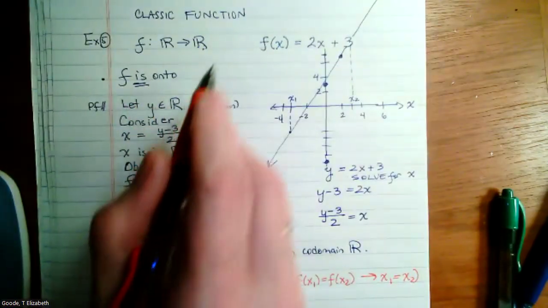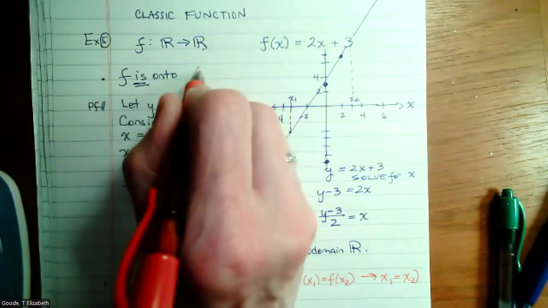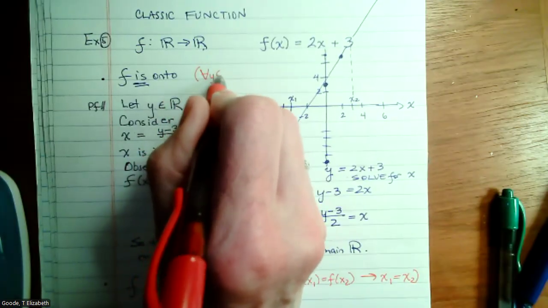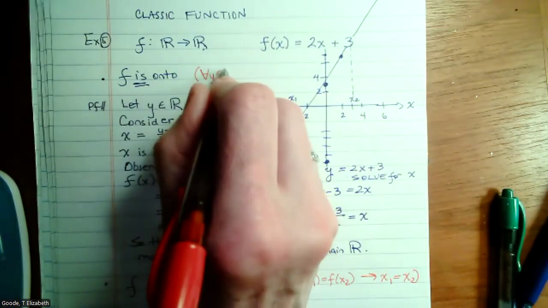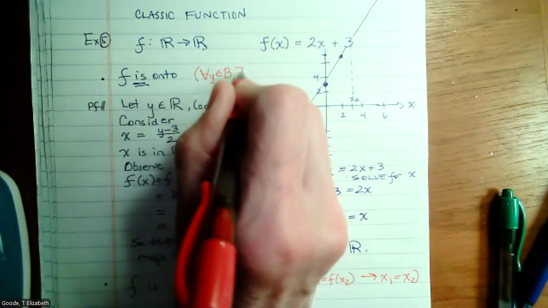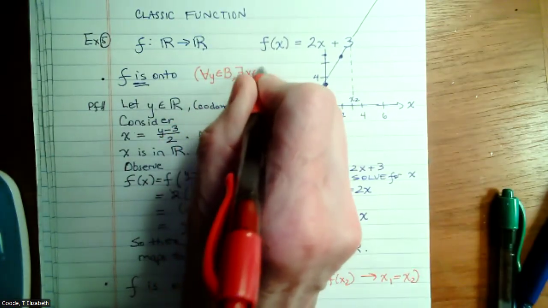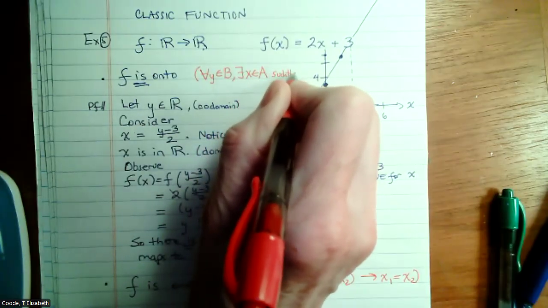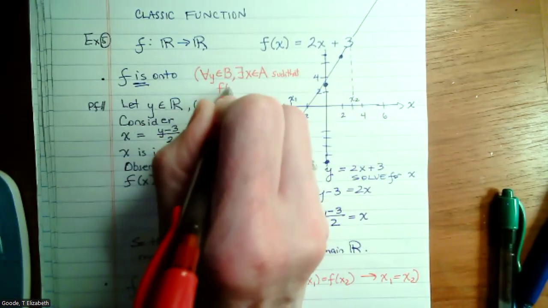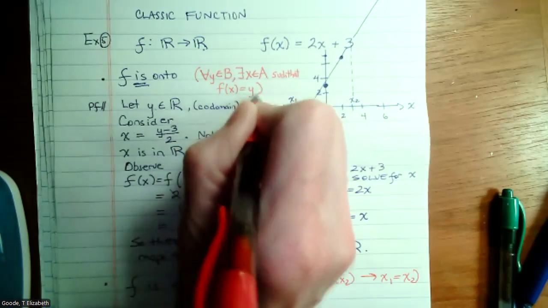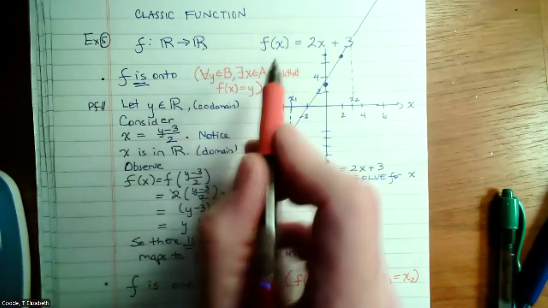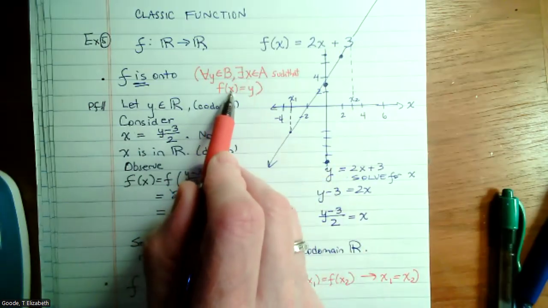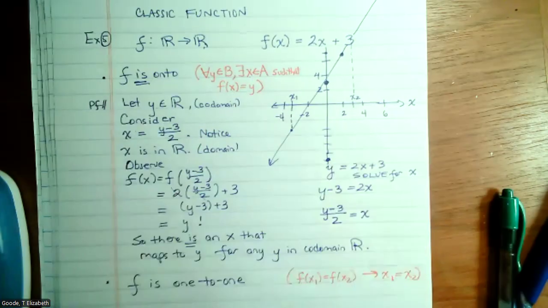Whereas the definition of onto is for all y in the codomain B, there exists an x in A such that f of x equals y. That's the definition of onto, that no matter what y you pick, you can find an x that exists such that that x maps to the y.